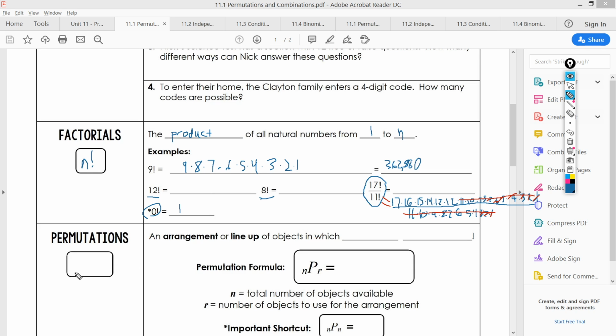And permutations are written as nPr, okay? And a permutation is an arrangement or line of objects in which order matters.